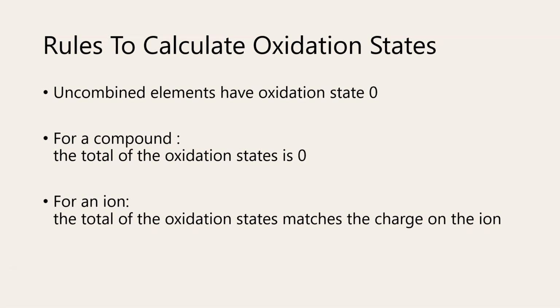And when you total the oxidation states for all the atoms within an ion, the total will match whatever the charge is on the ion. For example, the nitrate ion, NO3-, the charge is 1-, so the total of the oxidation states of the one nitrogen atom and the three oxygen atoms will give -1.